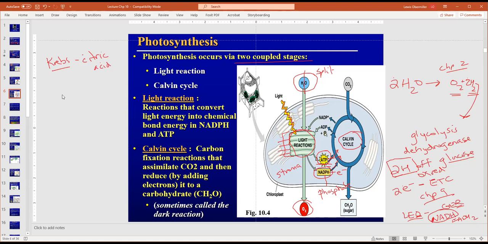Same thing here. This guy Calvin claimed he discovered it. Other people disputed it. So now they usually just call it the dark reaction. The reason it's called the dark reaction has nothing to do with the fact that it's evil or anything like that. It simply means that it doesn't need light to run.